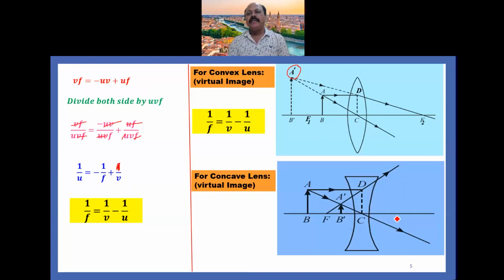So that's why we extend the first refracted ray in the back direction, which I am representing by these dotted red lines. Then A dash B dash becomes the virtual image of the object AB. So A dash B dash is virtual, erect, diminished. And the same concept we apply and find the formula, which comes 1 upon F equal to 1 upon V minus 1 upon U.